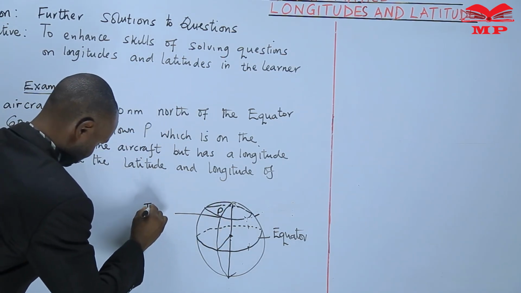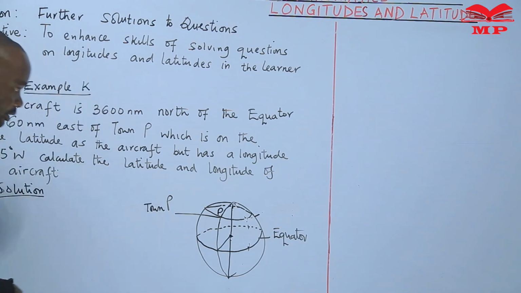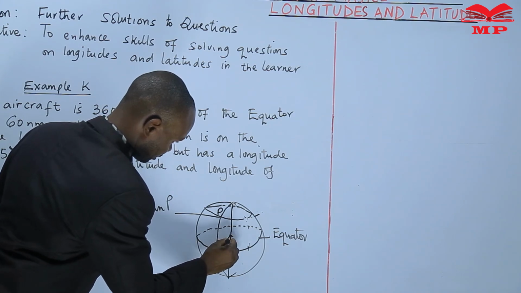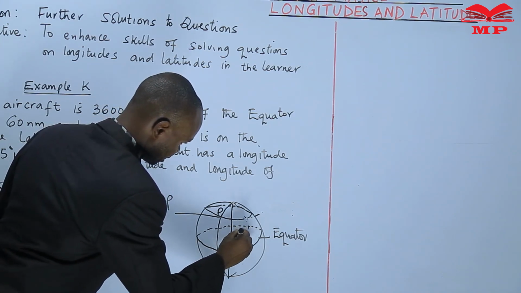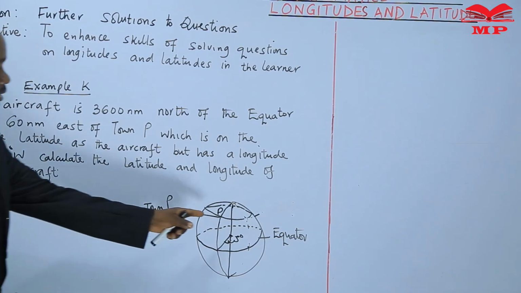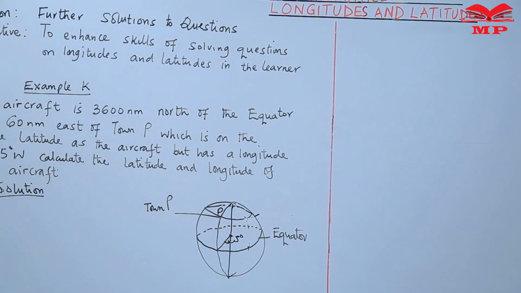That is town P. So a diagram is very important because it will help you. So it is given its longitude is 5 degrees. But it is on a small circle. It is on a small circle.